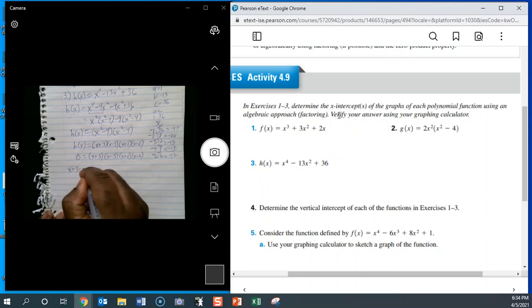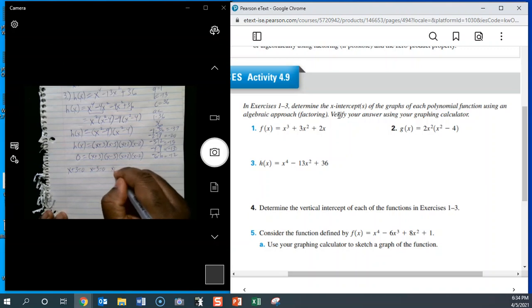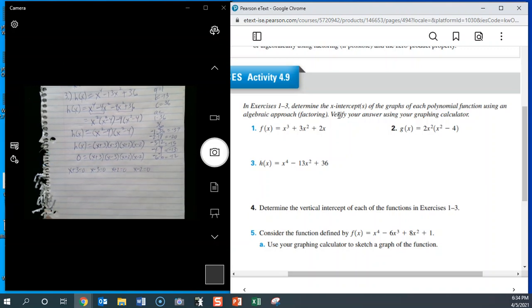So we have x plus 3 equals 0, x minus 3 equals 0, x plus 2 equals 0, and x minus 2 equals 0. Subtract 3 on both sides, x is negative 3. Add 3 on both sides, x is 3. Subtract 2 on both sides, x is negative 2. Add 2 on both sides, and x is 2.